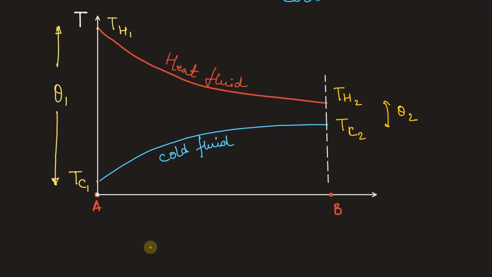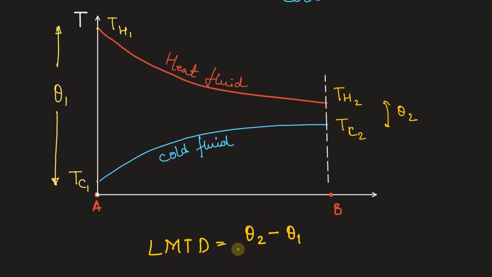Now the logarithmic mean temperature difference, LMTD, for the parallel flow heat exchanger is given by the temperature difference at the end of the heat exchanger minus the temperature difference between cold and hot fluid at the beginning of the exchanger.